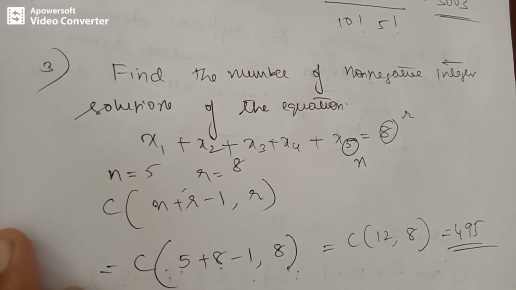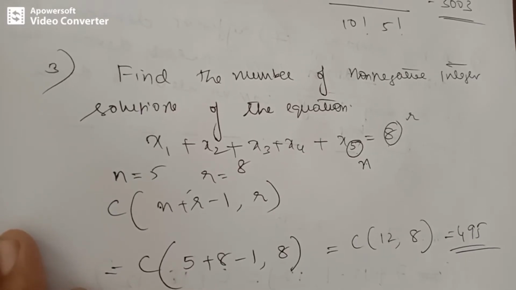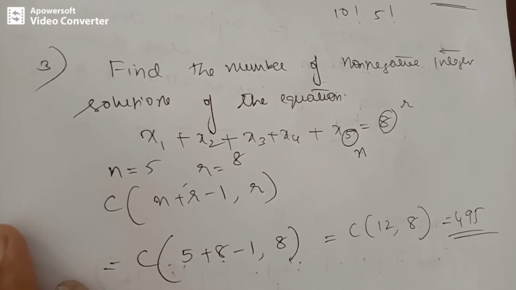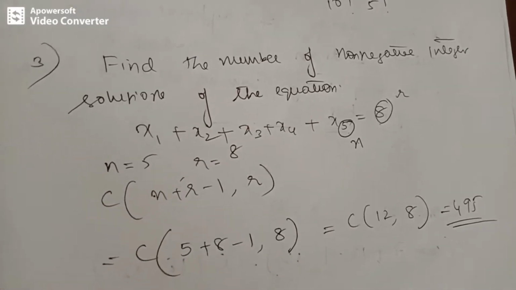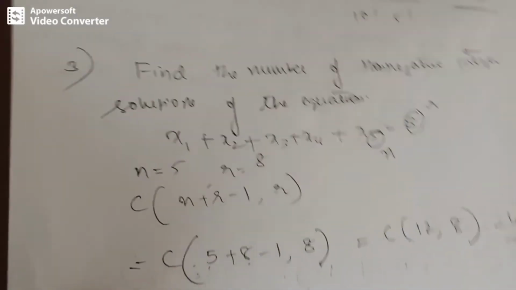So this is a different kind of problem that will come under combinations with repetitions. Still more, if we go in deep, you will also be given a problem that requires thinking logically.